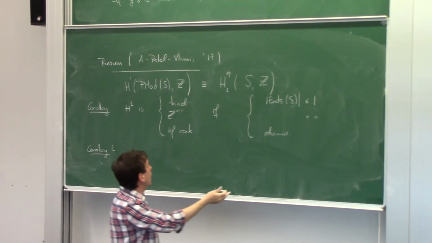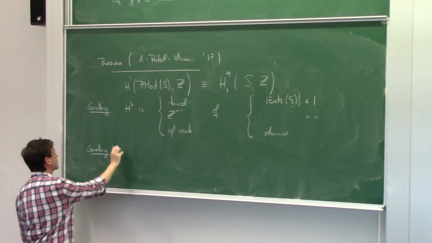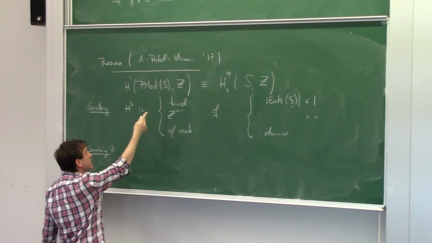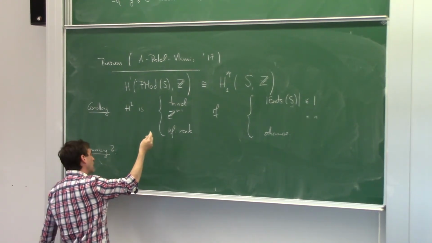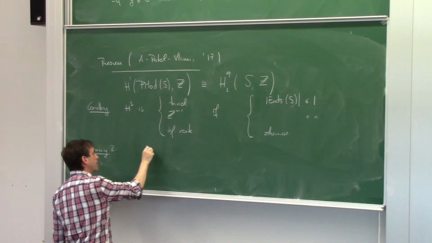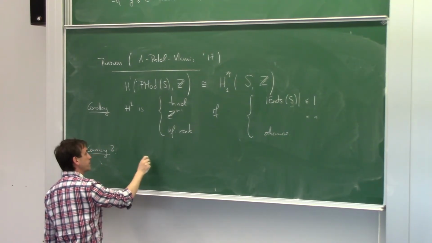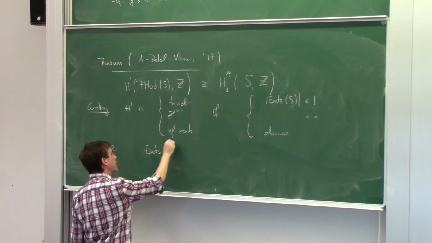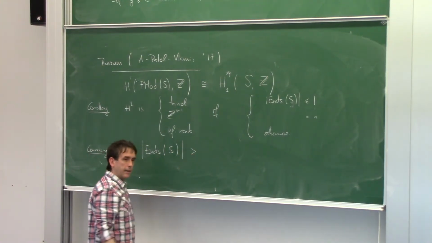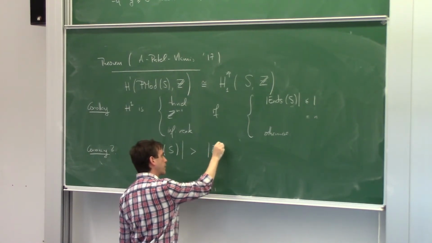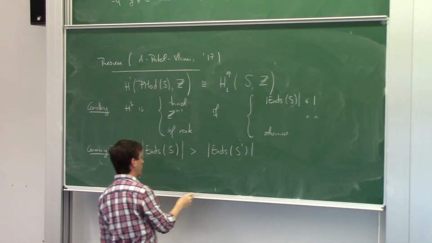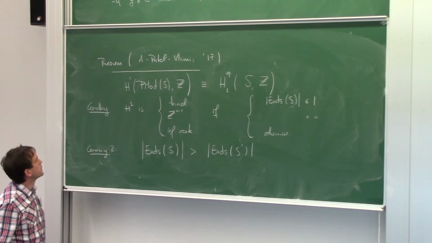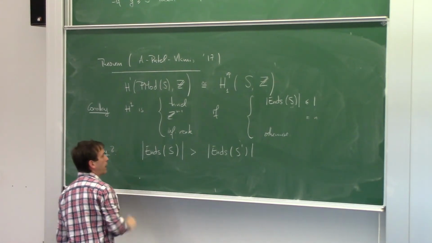And this theorem tells you, for instance, about this: suppose that you have a surface with 7 ends, and then a surface with 6 ends.